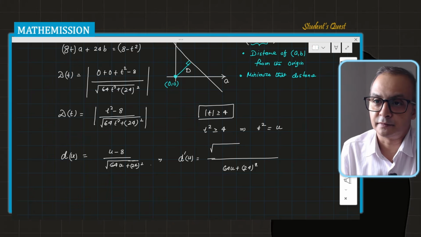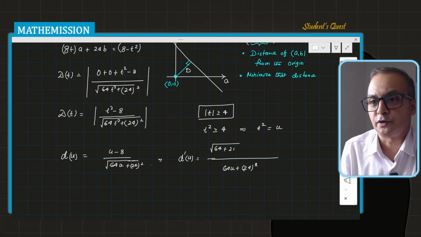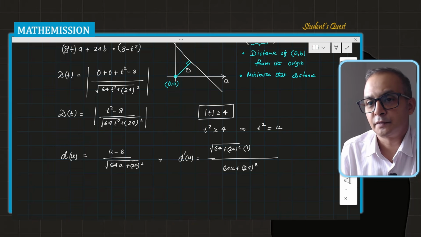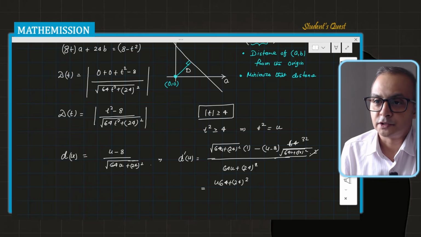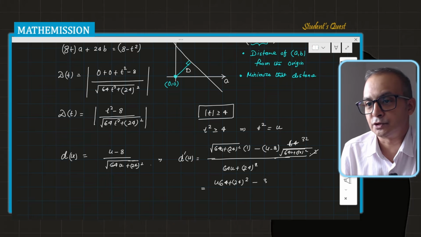I have to keep this thing, by the way, 64u plus 24 squared, into the derivative of u, which is 1, and minus (u minus 8) into 1 by square root of 64u plus 24 squared, and into 64, and there is a 2 also, 1 by 2 root this, so this will become 32, and this will go up here, so it will become 64u squared minus 32u plus 32 times 8.